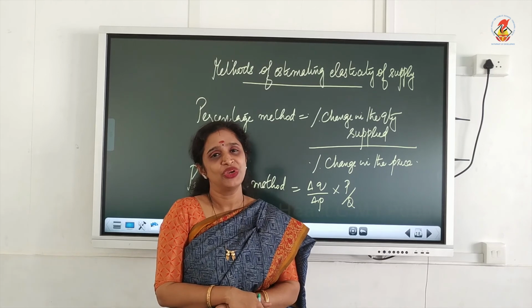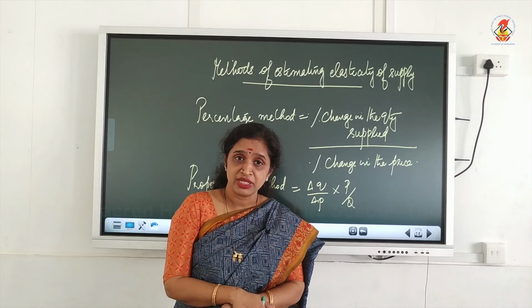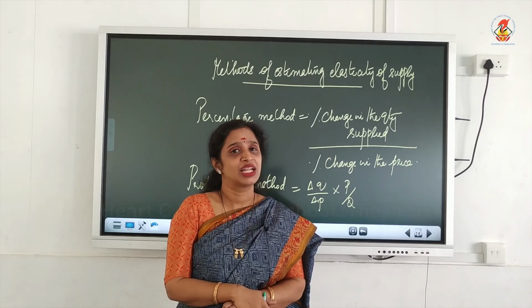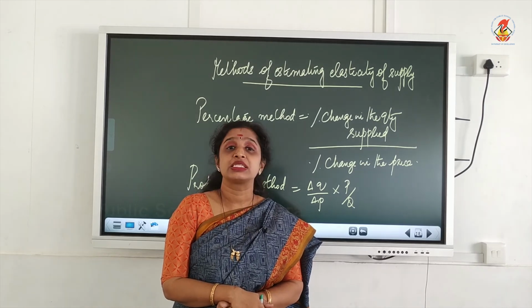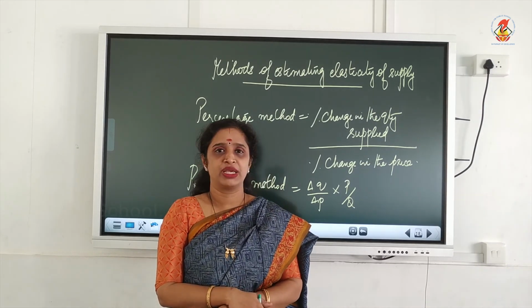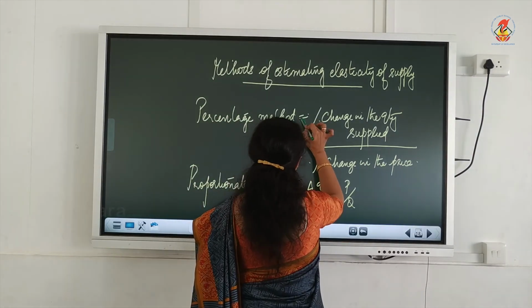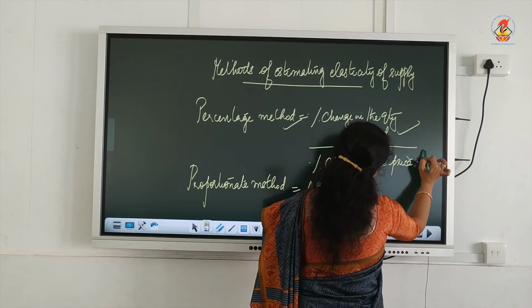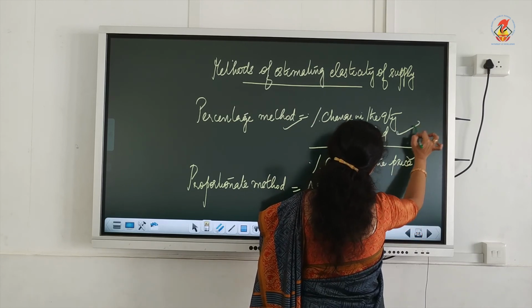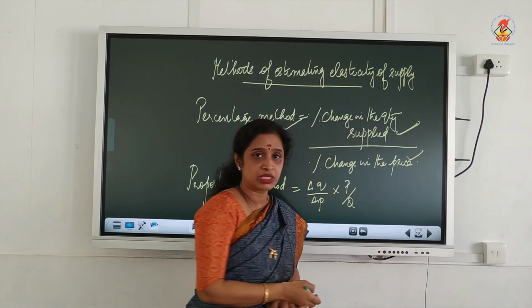As you all know, you are very thorough with the formula here. The proportionate method is delta Q by delta P into P by Q. In that, Q will be quantity supplied instead of quantity demanded. That is the only difference. And the percentage method is percentage change in the quantity supplied by percentage change in the price. If it was demand, it would be percentage change in the quantity demanded, but here we are discussing supply.